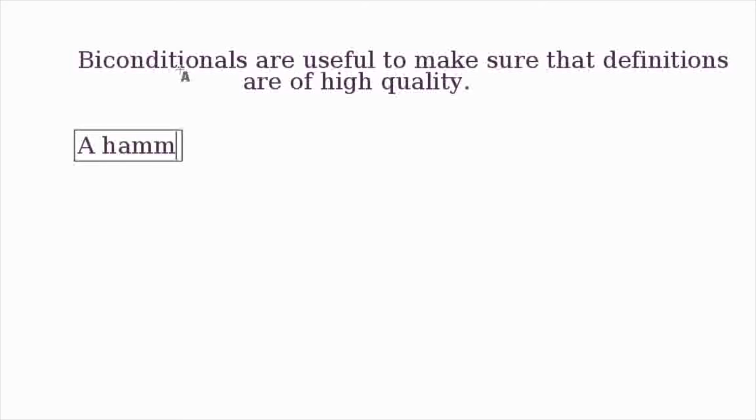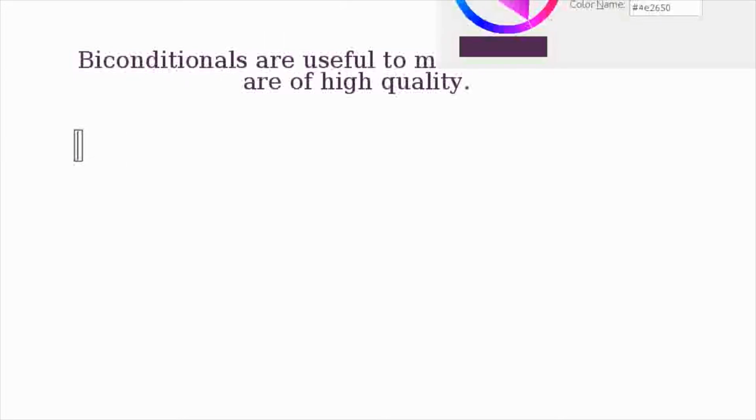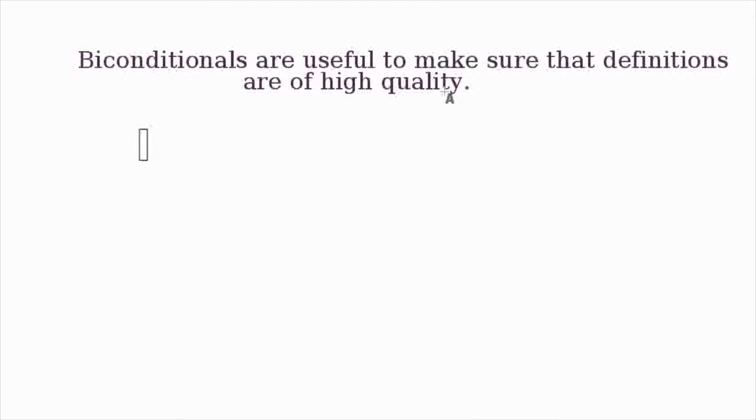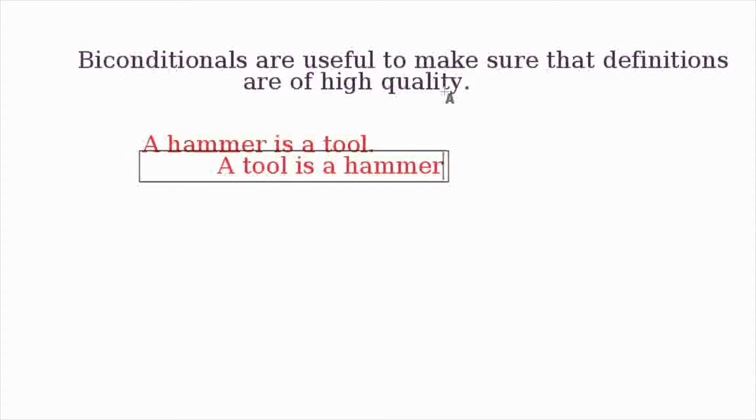Let's say I asked you, what is a hammer? You might say a hammer is a tool. That would not be a good definition. Let me show you why. A tool is a hammer. No, see how it doesn't work in both directions? So that's not a good definition. What about this one?